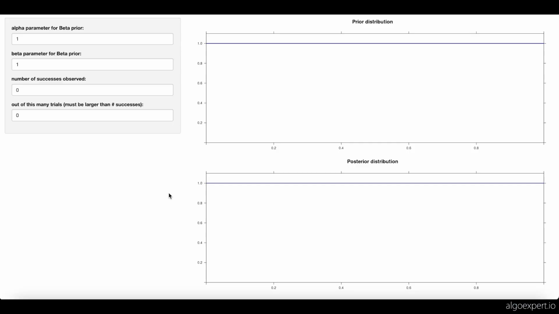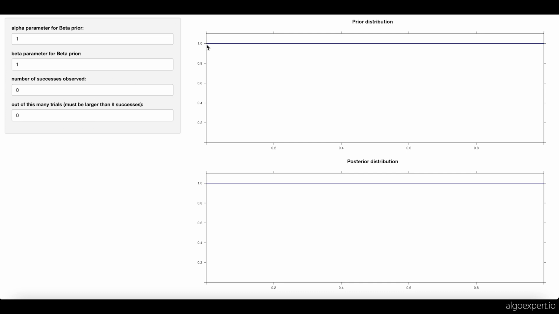So for me, it generally helps to visualize these things instead of just the math alone. The beta distribution is going to represent a distribution over the click-through probabilities. So here we need our prior. Our prior is going to be a beta distribution. The alpha and the beta being 1 means that we have an uninformed prior.